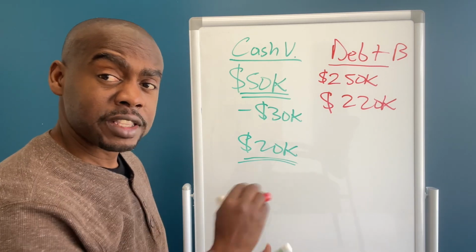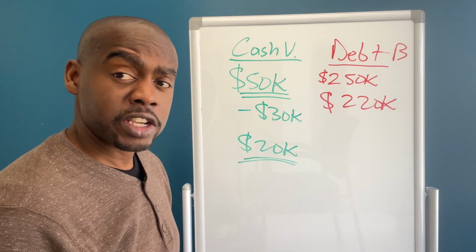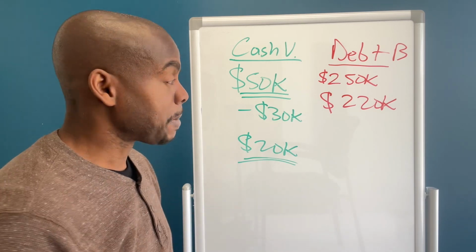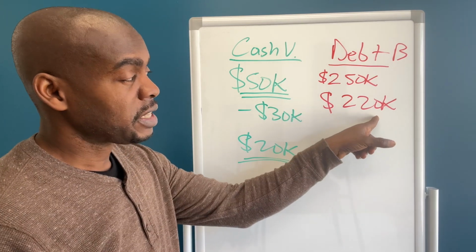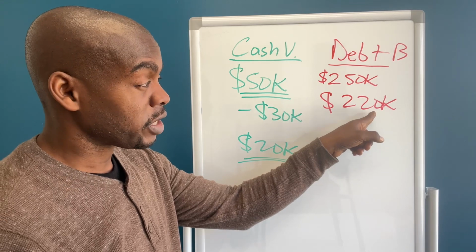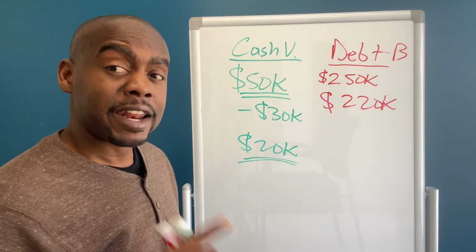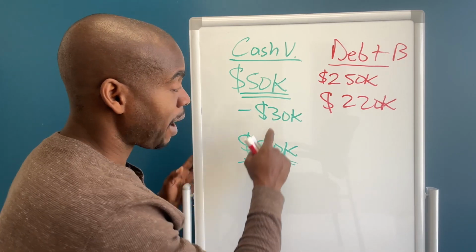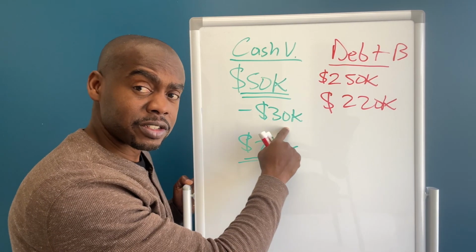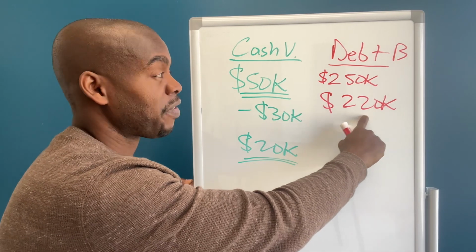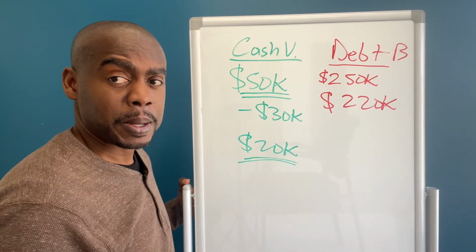You'll see that if you run a live illustration on an in-force policy, a policy that's current. You're going to see that your death benefit is now $220,000. And as soon as you pay back that $30,000, your death benefit will go back to the 250K.